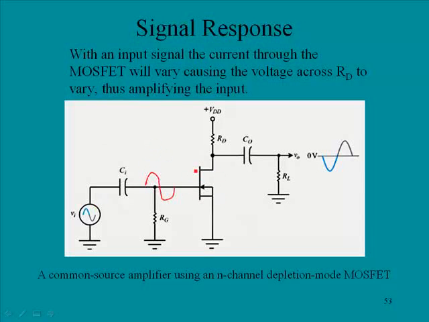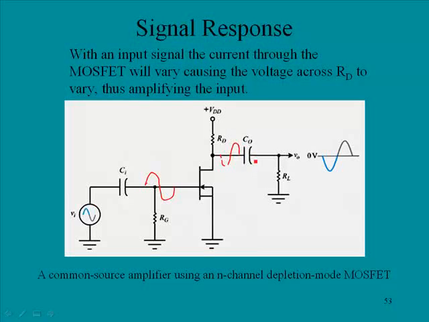The input signal, in this case, goes through the depletion mode MOSFET. The AC signal will cause the current to vary through the transistor, and that current will be passed through here to RD. That changing current will cause this voltage to vary, and so the output here will be impacted, and thus we'll have an amplified signal.